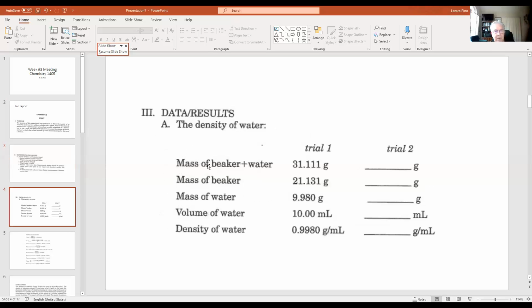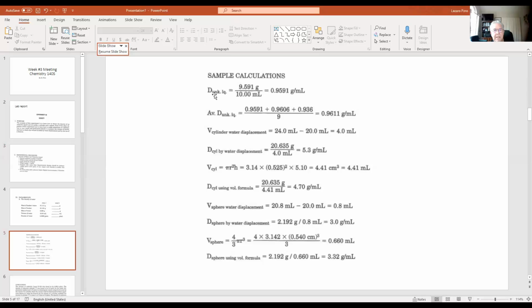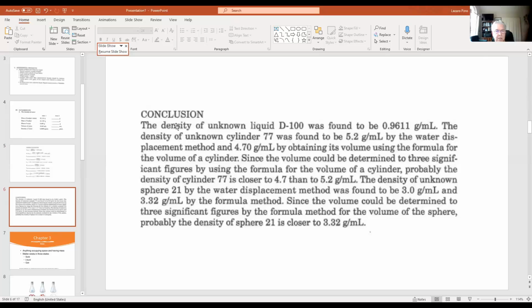And the data result is just to write the results that you get during your experiment. Also, you can present the calculations that you have done during the analysis of the data results, and at the end, a conclusion. The conclusion is the answer of the purpose of the experiment.